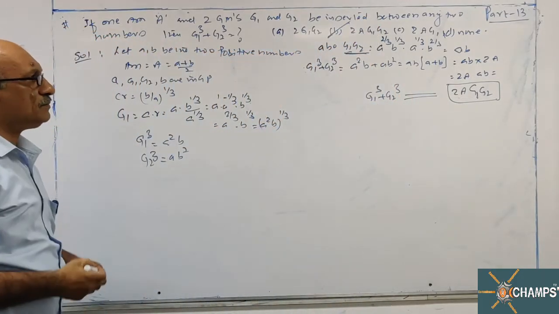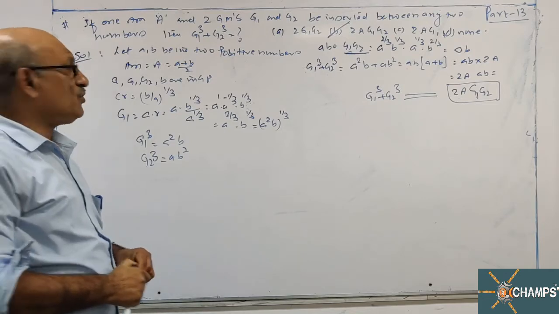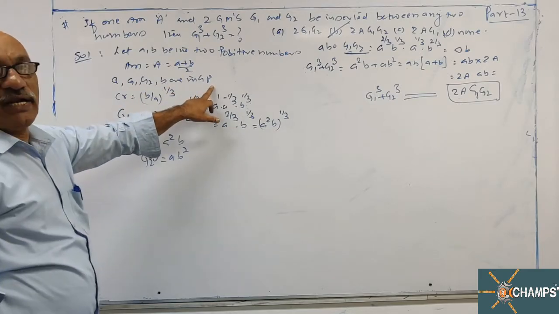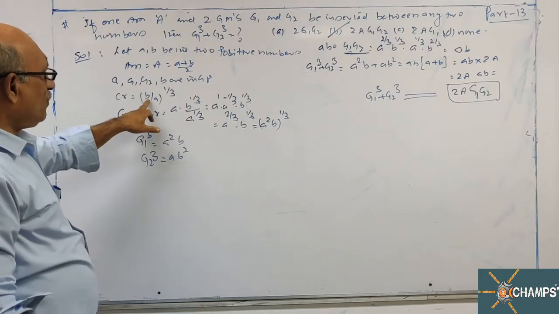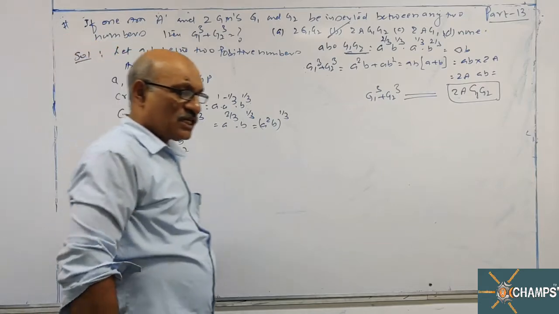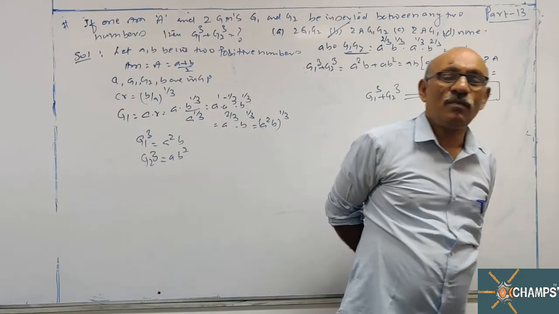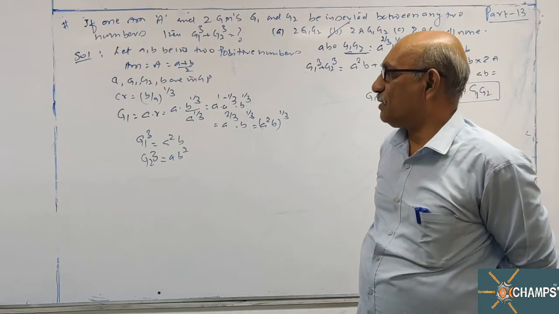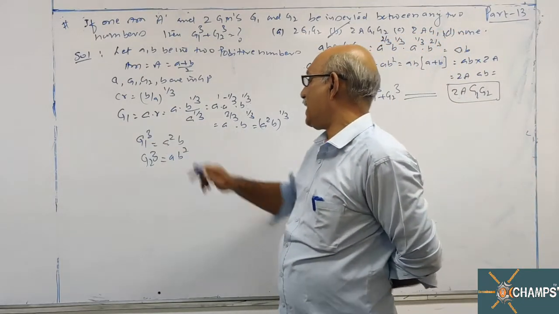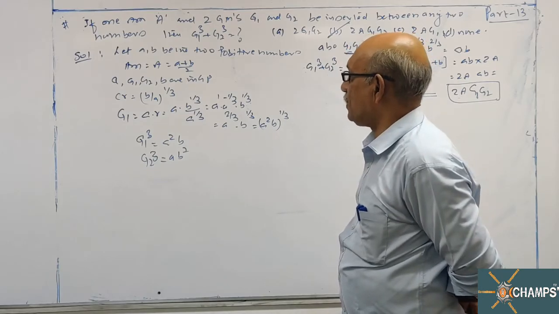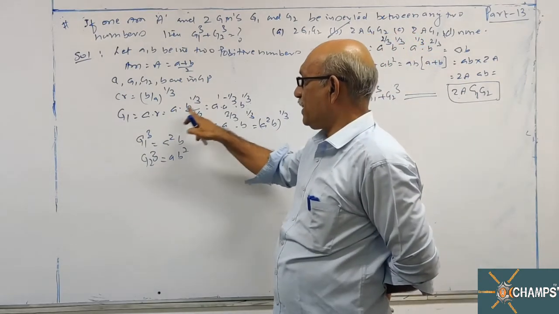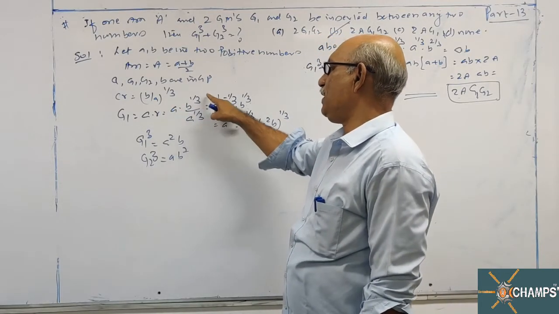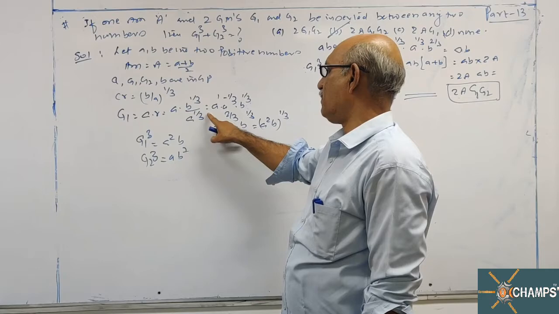Straightforward relation. Look at the solution one more time. a, G1, G2, b are in geometric progression. Common ratio value is (b by a) whole power 1 by 3: last term divided by first term whole to the power 1 by (number of geometric means plus 1), so 1 by 3. G1 value I calculated: first term into common ratio, a into b power 1 by 3 by a power 1 by 3.